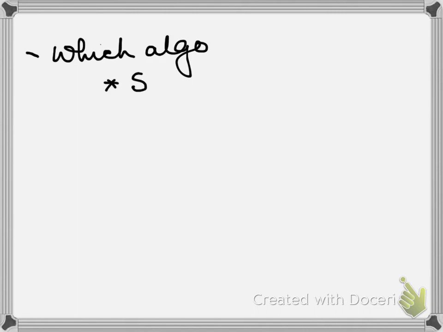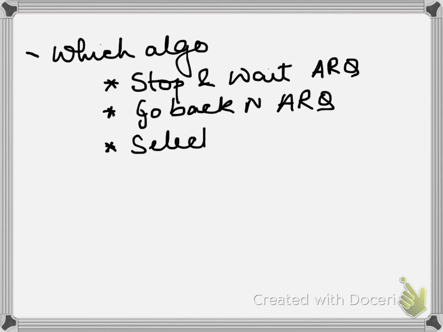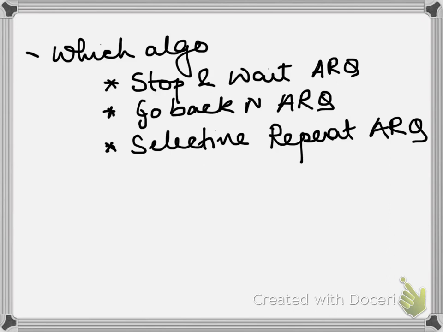The algorithms were stop and wait ARQ, go back N ARQ, and the third one was selective repeat ARQ. So this important metric will help us to find out which of these protocols we should use for flow control.